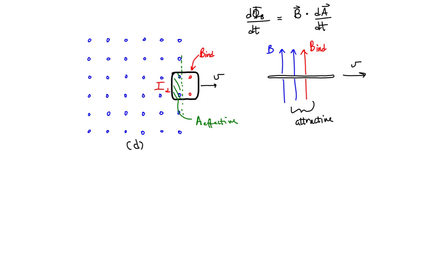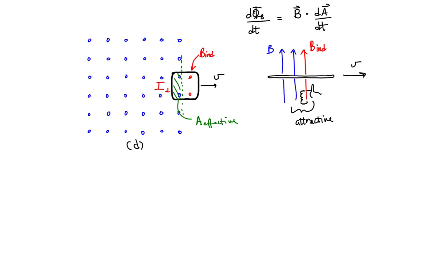That attractive force will try to keep the conducting loop from leaving. And now that we know the direction of the induced magnetic field passing through the loop, we could use the right-hand rule to determine the direction of the induced current. So all we got to do is take our right hand, and here is the thumb of our right hand.